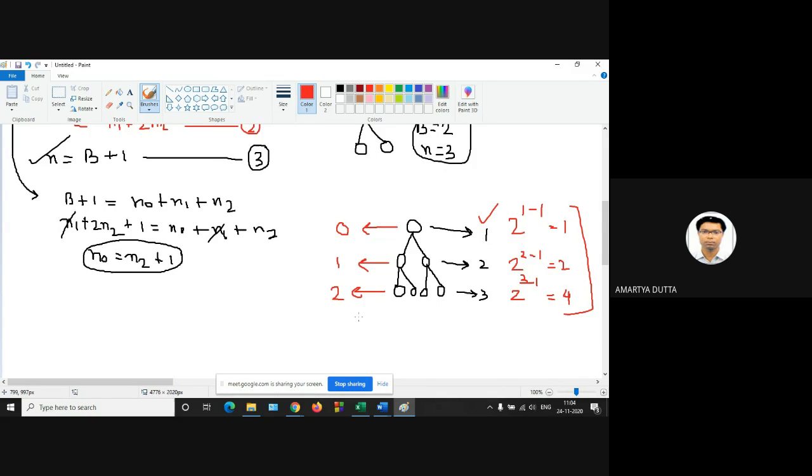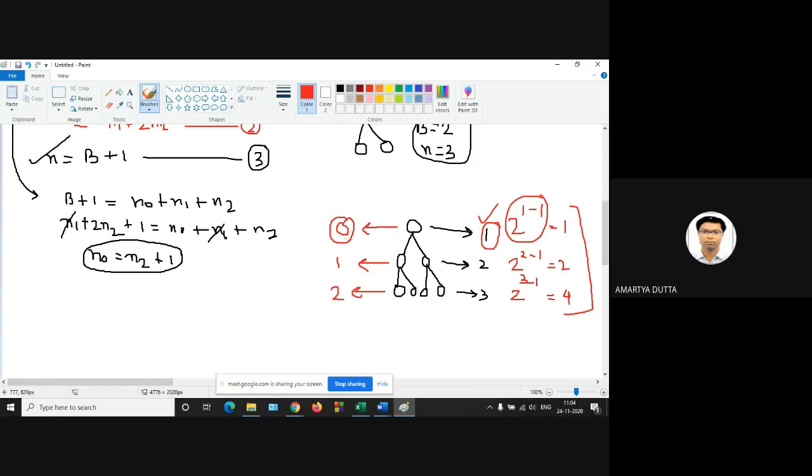Anyone? If the level starts from 1, then the maximum number of nodes at level I can be written in this form: 2 to the power I minus 1, if it starts from level 1. But if it starts from level 0, then how can you modify your lemma?